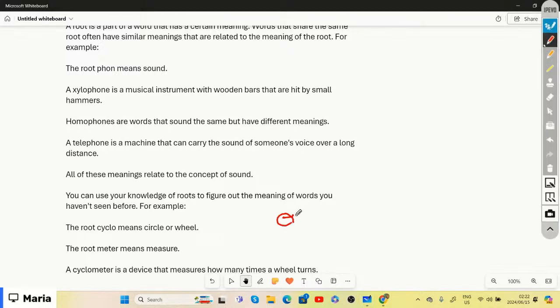It has cyclo in it. So we have cyclo, and here we have encyclopedia.